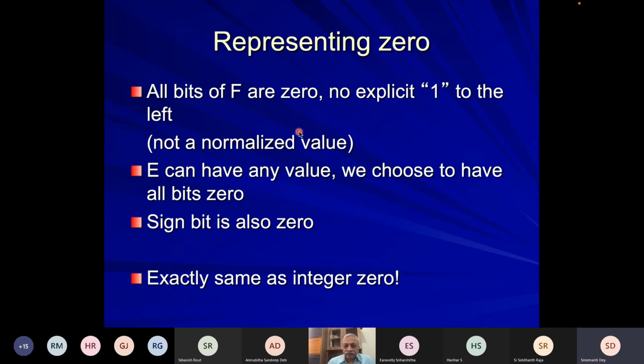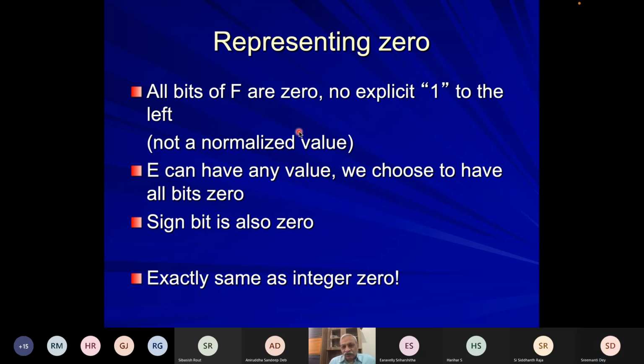Sir, here we assume 1 to the left, right? Then 1 would also have the same representation. No, 0 cannot have a normalized representation. A normalized representation always requires F to be between 1 and 2. But 0 means that the fraction part is 0, and you can take any arbitrary exponent.